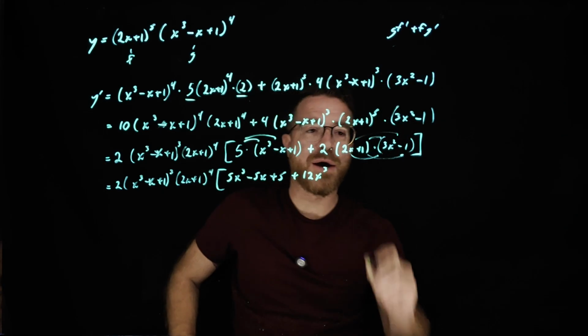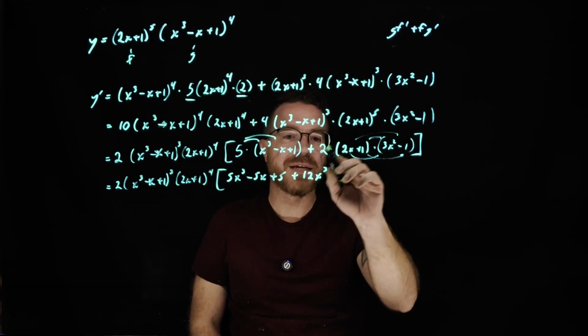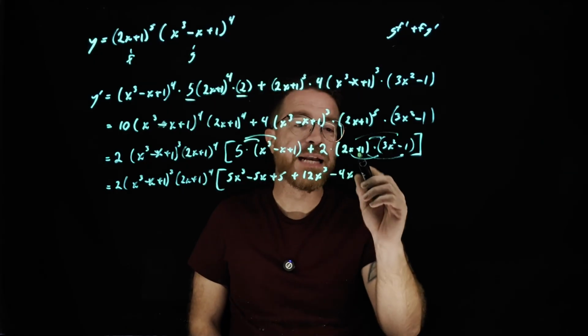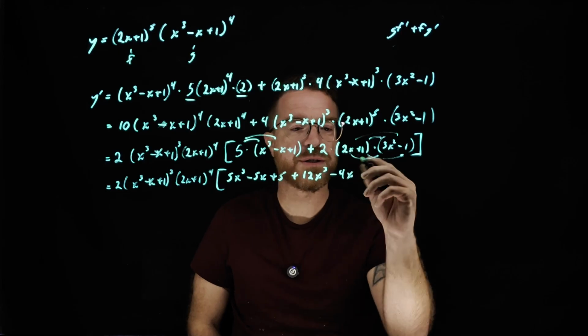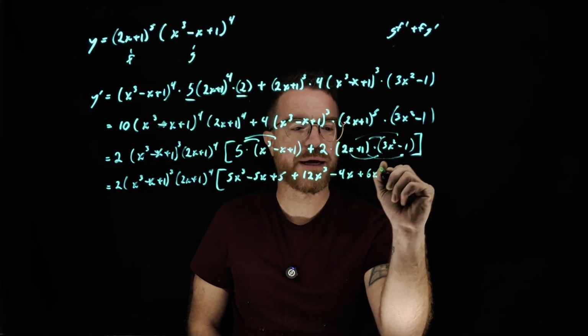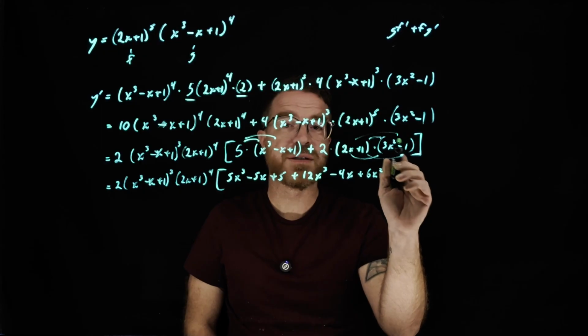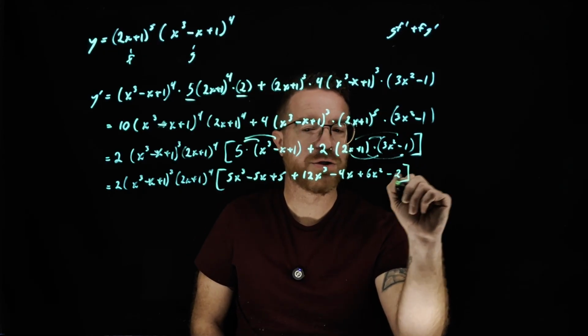Now I'm going to do my outer terms. 2x times minus 1, so minus 2x, times 2 is going to be minus 4x. Now my inner terms: 1 times 3x squared, so 3x squared times 2 is going to be plus 6x squared. And then last, 1 times negative 1 is negative 1, so times 2 is going to be minus 2.